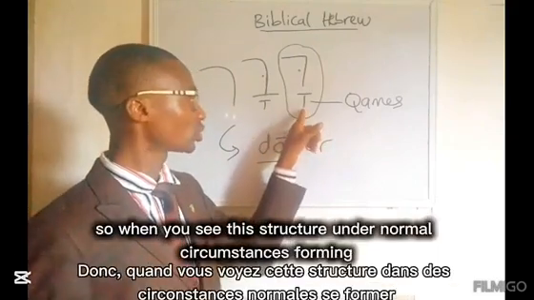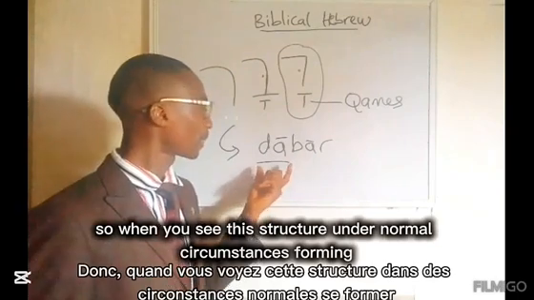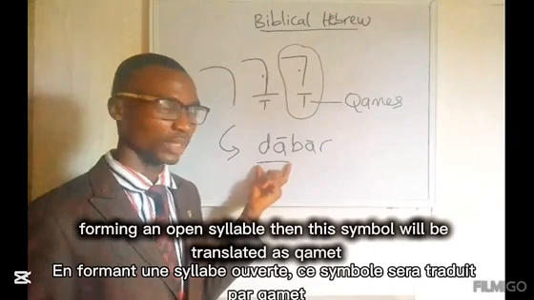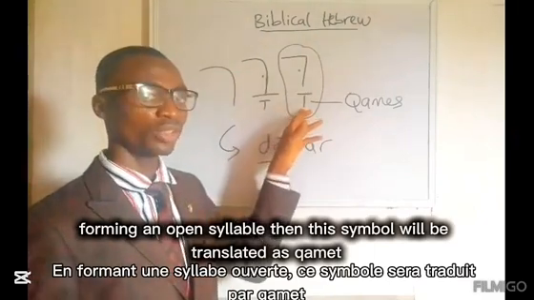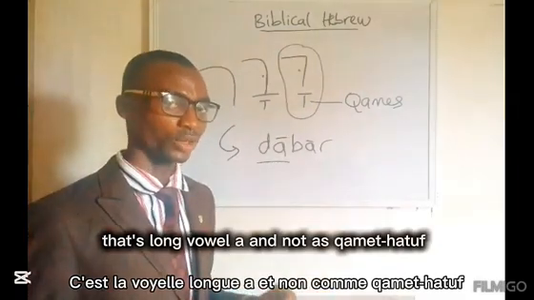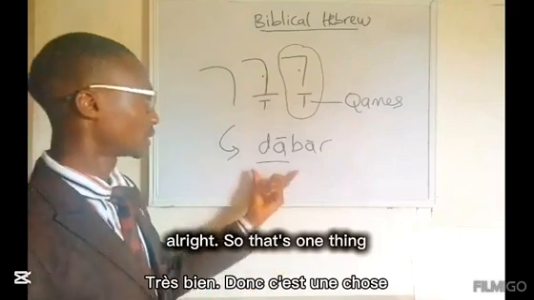So when you see this structure under normal circumstances forming an open syllable, then this symbol will be translated as Qamet, that's long vowel a, and not as Qamet-hatuf. Alright, so that's one thing.